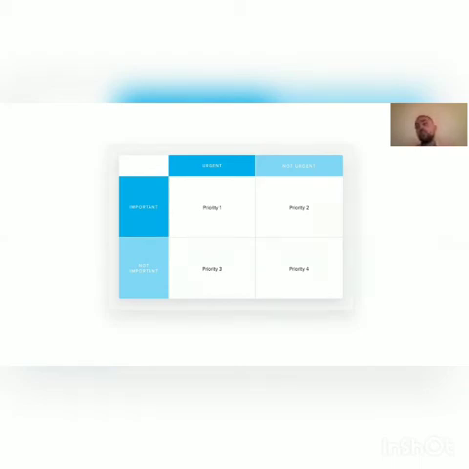When we call it urgent, it means that it needs immediate reaction. So our first priority is a factor that adds value to our project and needs immediate reaction. Our second priority is that it adds value, but doesn't need immediate reaction.